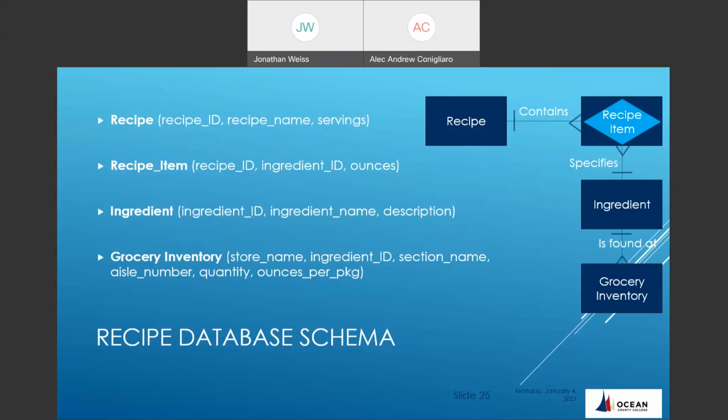So if I have a recipe item, how do I know what recipe it belongs to? Yeah, recipe ID. This is another foreign key because this tells me what recipe I'm talking about, right?